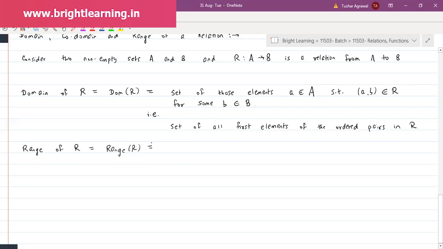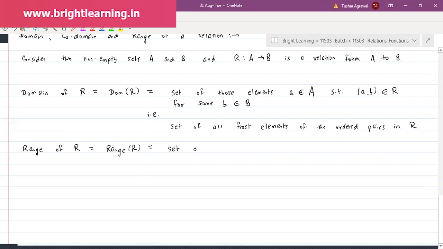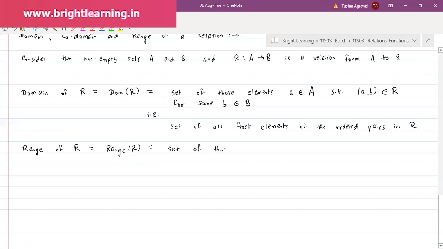Range of R is equal to the set of those elements small b belonging to the capital B, an element of the second set, such that (a, b) belongs to R for some a belonging to capital A.